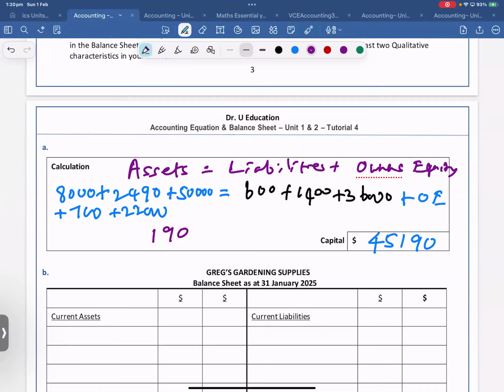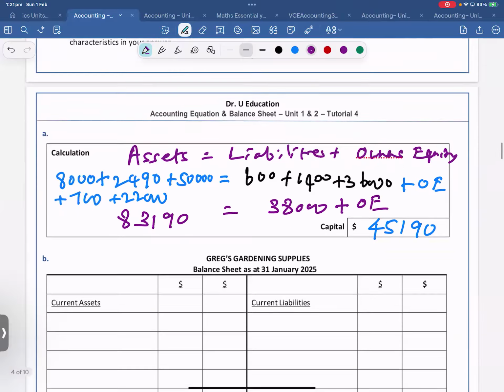One remaining, 9, 11, 1, 2, 13. One remaining, 5, 8, 3, 190, and then this is going to be 38,000. Then you'll get owner's equity, 45,190.